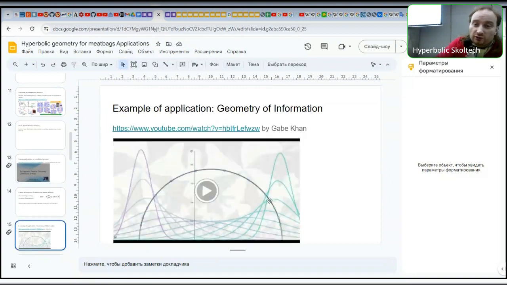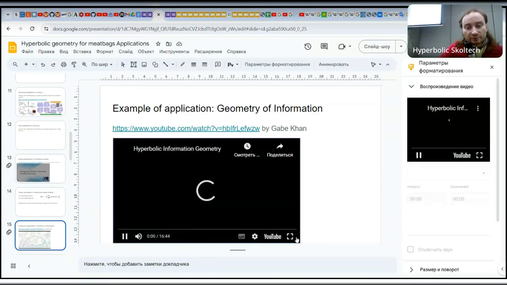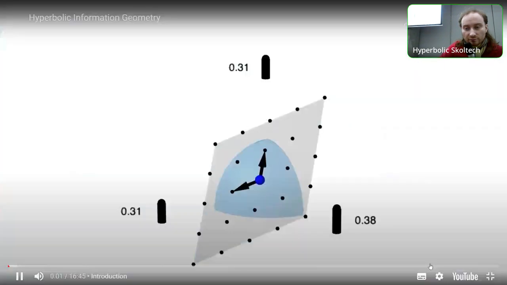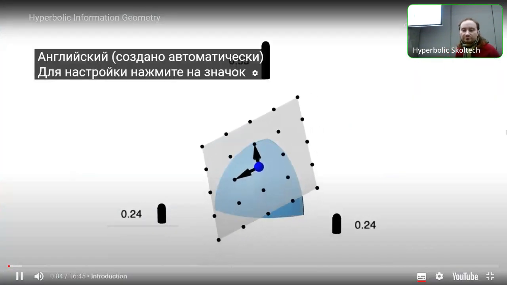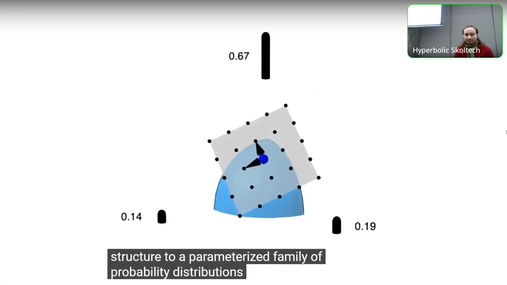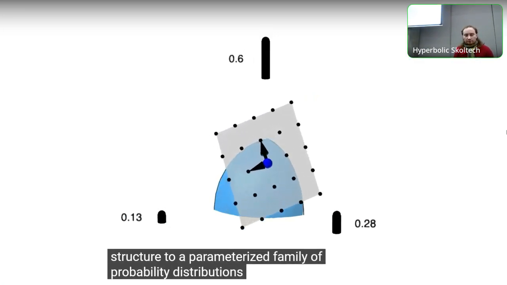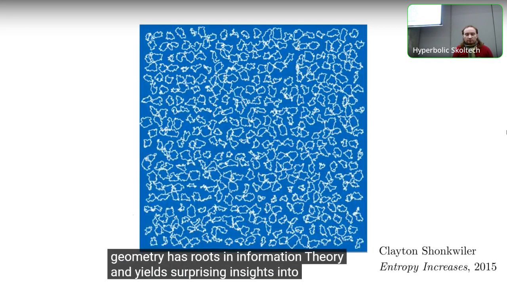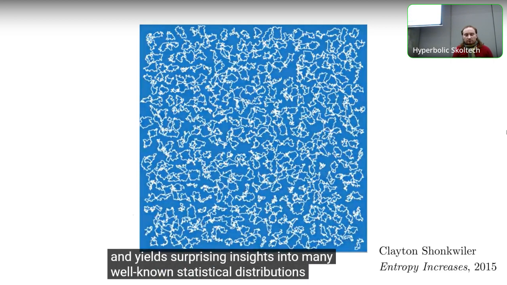Okay, so let me show you a video on the hyperbolic geometry of information. Information geometry is a way to associate a differential geometric structure to a parameterized family of probability distributions. As suggested by the name, this notion of geometry has roots in information and yields surprising insights into many well-known statistical distributions.